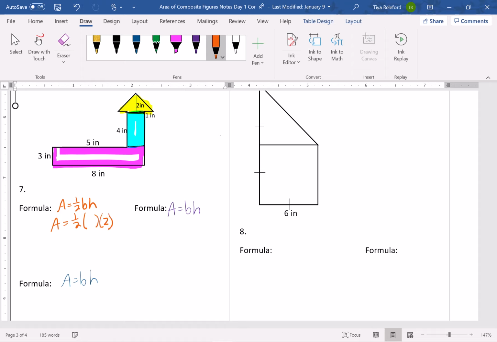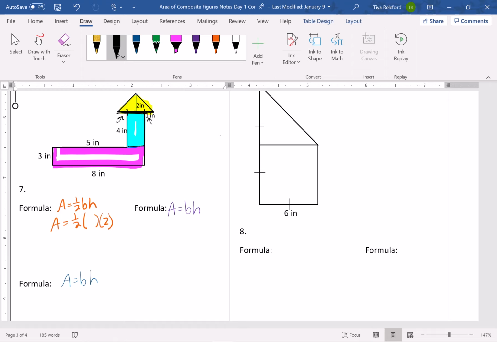And my base is a little less obvious. For my base, I need this whole side right here. And I know it's 1 inch here and it's 1 inch here. But what is the distance from here to here?